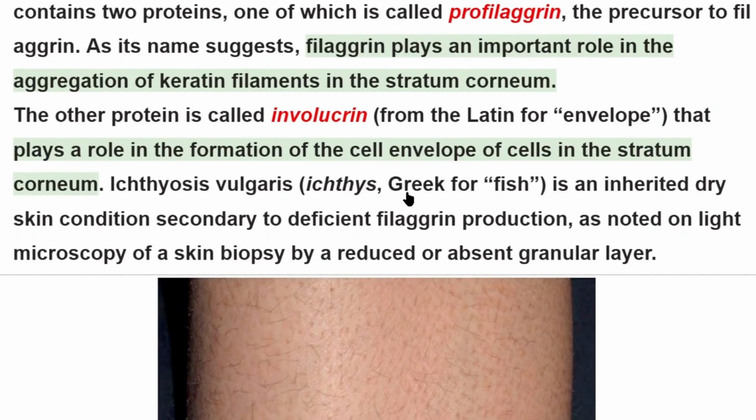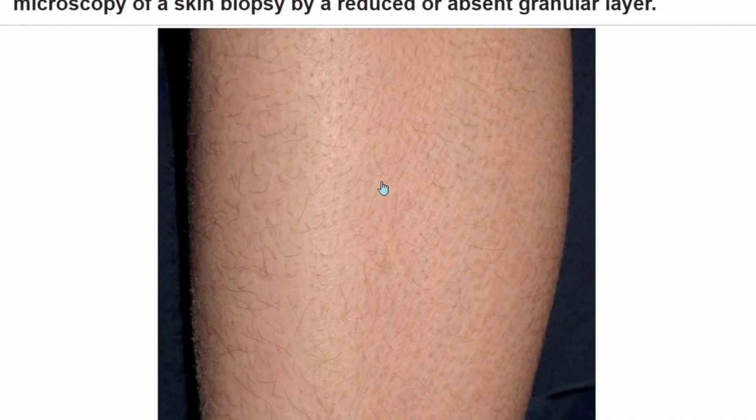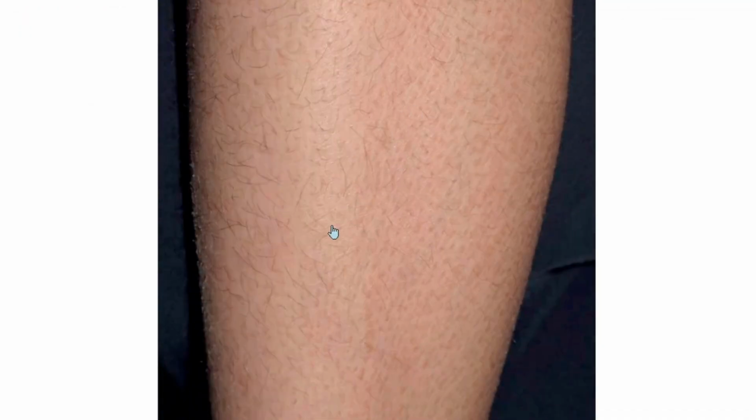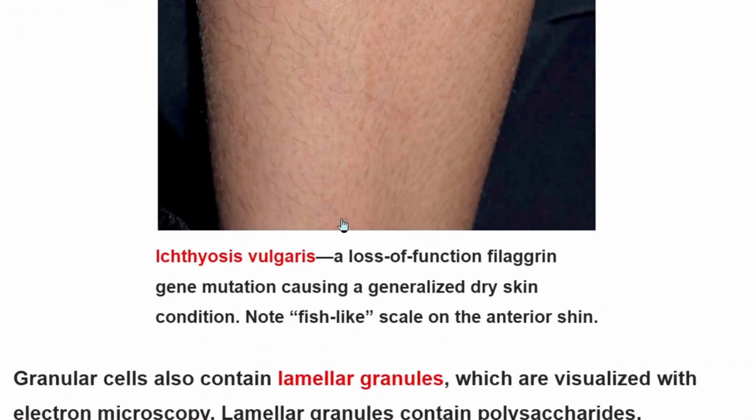Ichthyosis vulgaris, ichthys, which is derived from Greek, meaning fish, is an inherited dry skin condition secondary to deficient filaggrin production, as noted on light microscopy or skin biopsy by a reduced or absent granular layer. Here we can see fishy skin in the patient with ichthyosis vulgaris.